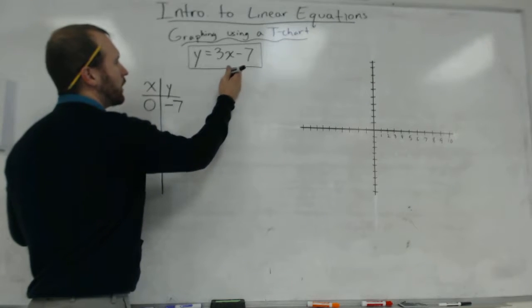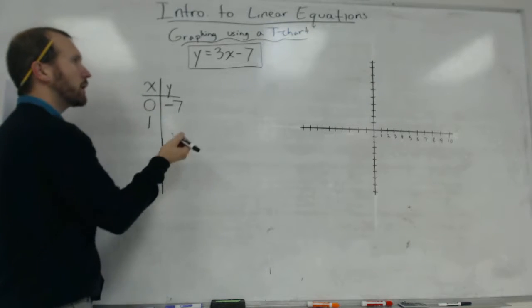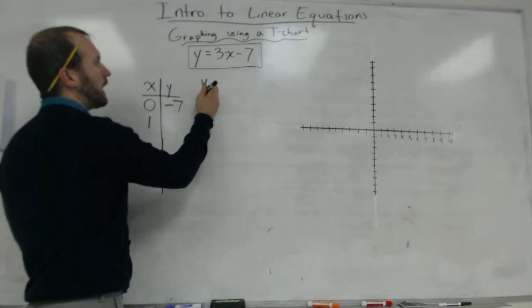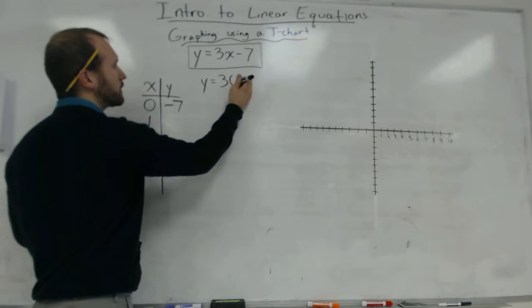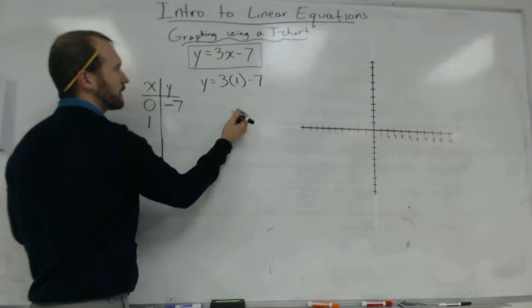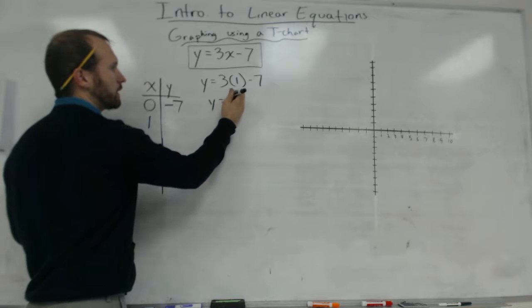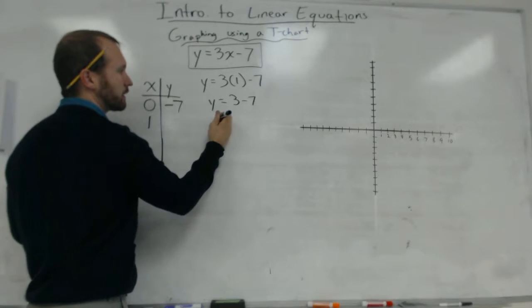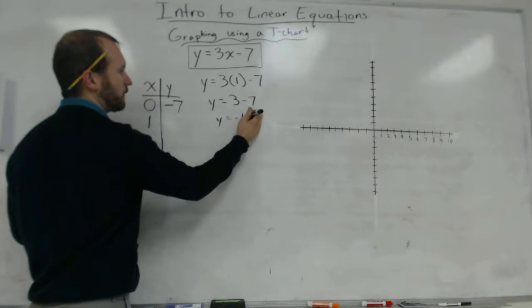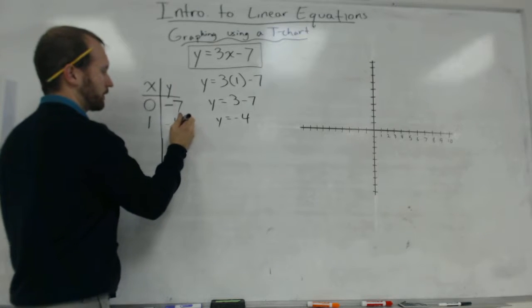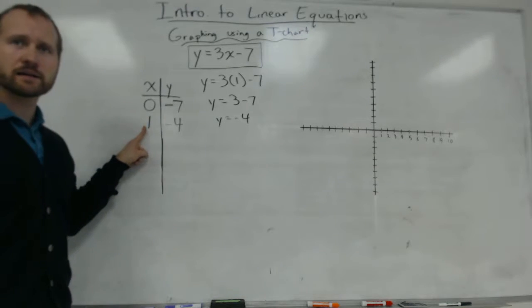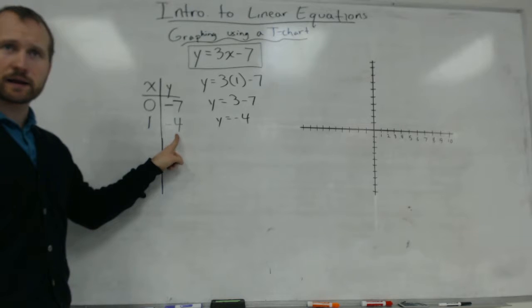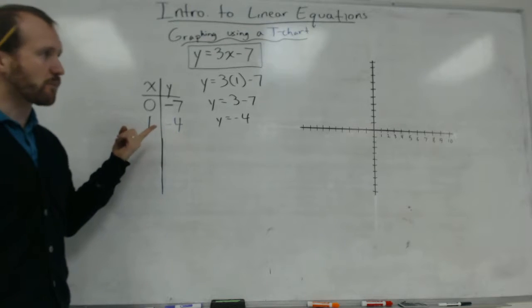If I pick the number 1 for x, what do I get for y? Well, y would equal 3 times 1 minus 7, which would be 3 minus 7, or negative 4. So when x is 1, y is negative 4. Okay.